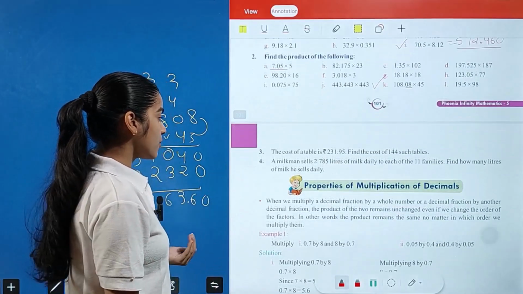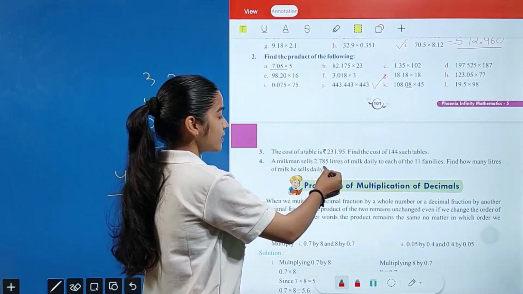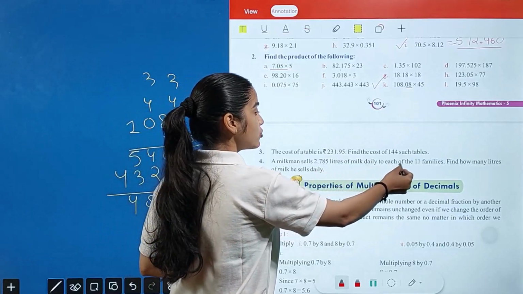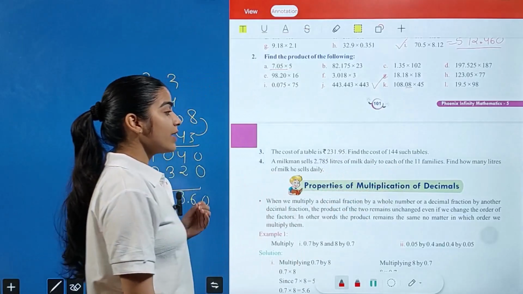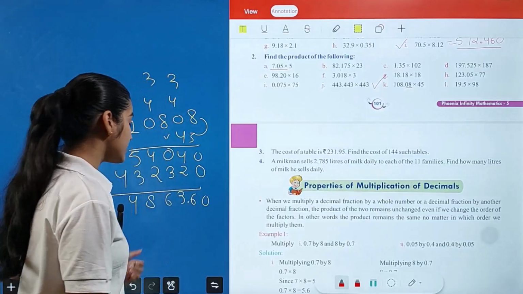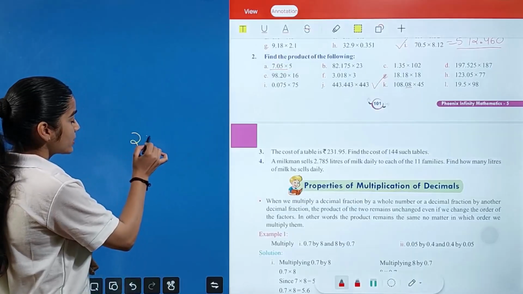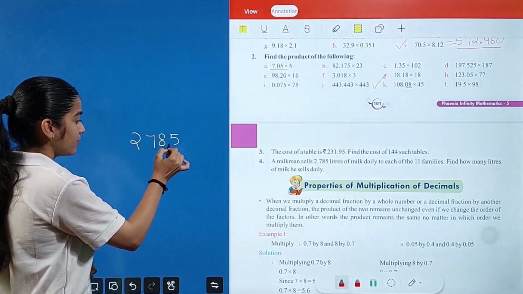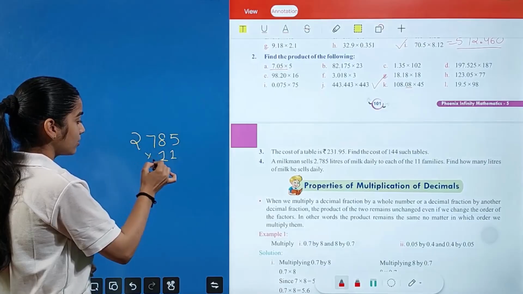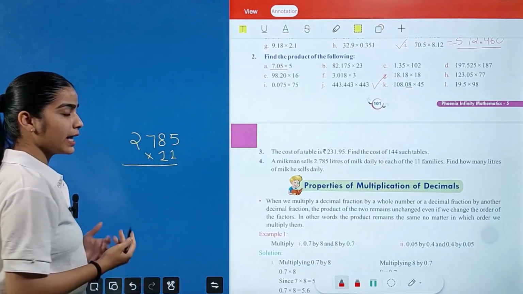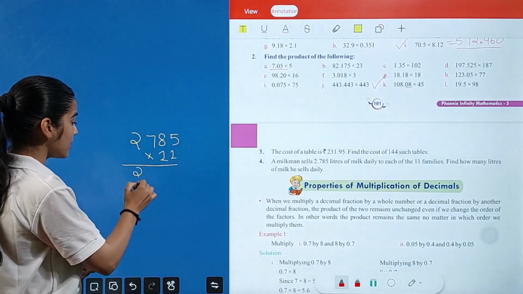Now we have word problems. A milkman sells 2.785 liters of milk daily to each of the 11 families. Find how many liters of milk he sells daily. So 2785 multiplied by 11, and we already know that whenever we multiply any number by 1, we get the same number.